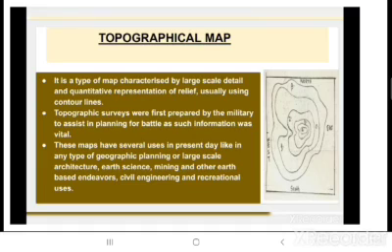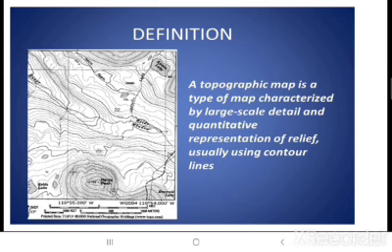And even architects, while doing construction work, mining, the civil engineers and everybody, use topographical maps to get detailed information of a small area so that they can do their planning accordingly. So in a very short way, how can you define topographical maps?